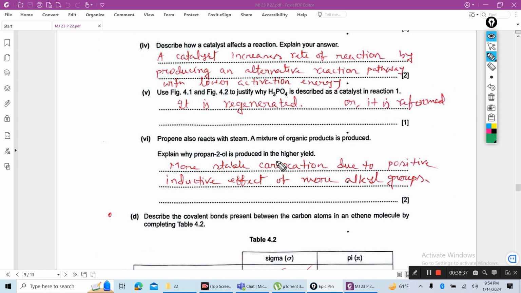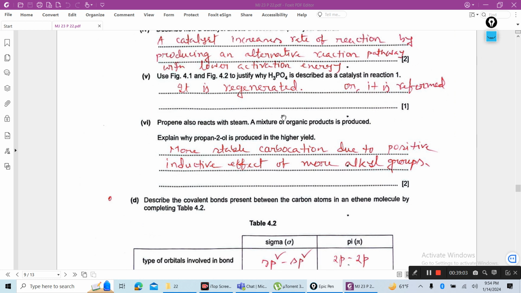Now 6. Propene also reacts with steam. A mixture of organic products is produced. Explain why propan-2-ol is produced in the higher yield. More stable carbocation due to the positive inductive effect of more alkyl groups.